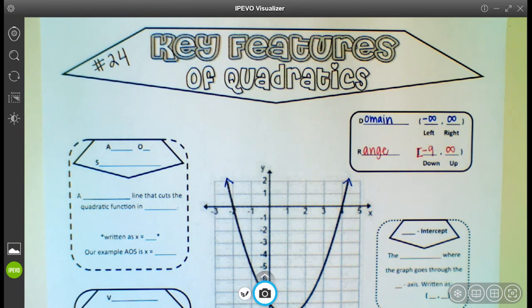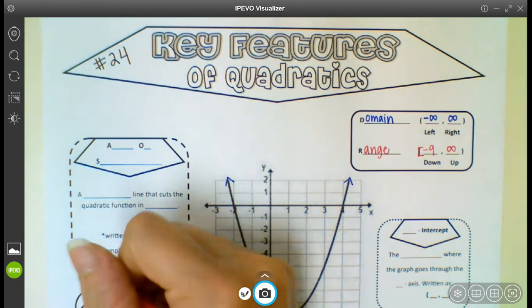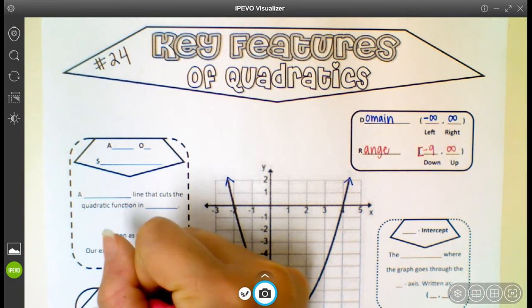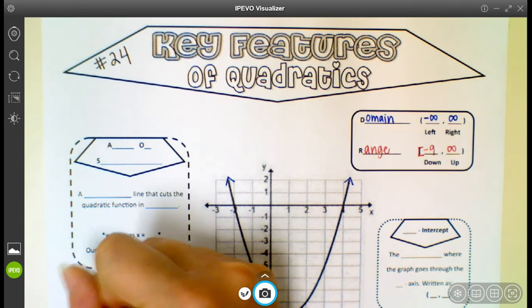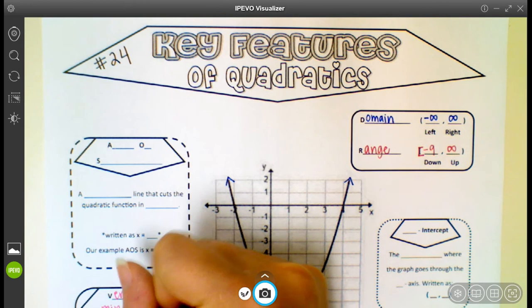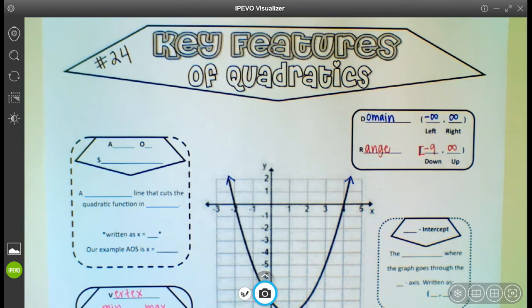The next feature we want to talk about is what we call the vertex of the quadratic. The vertex is going to be this box over here. I am going to jump around just a little bit. We also call the vertex either the minimum or the maximum, which most people abbreviate as min or max.